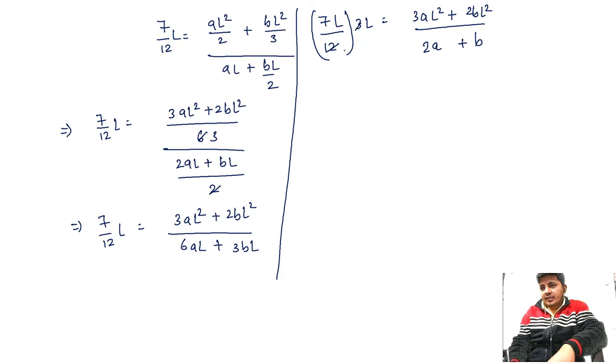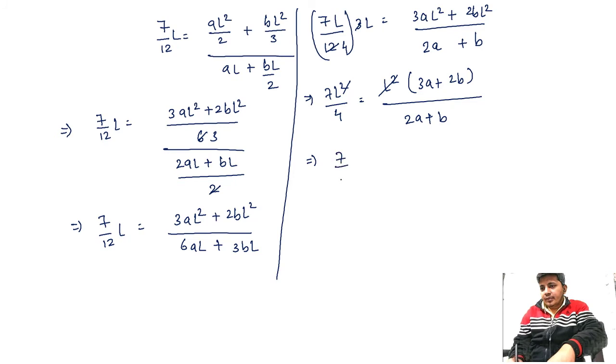This 3 would be cancelled at 4 and this L will become 7L square by 4, and we can take L square common from the numerator. So L square can be taken as common, that is 3a plus 2b divided by 2a plus b. L square and L square get cancelled, and 7 by 4 equals 3a plus 2b by 2a plus b.